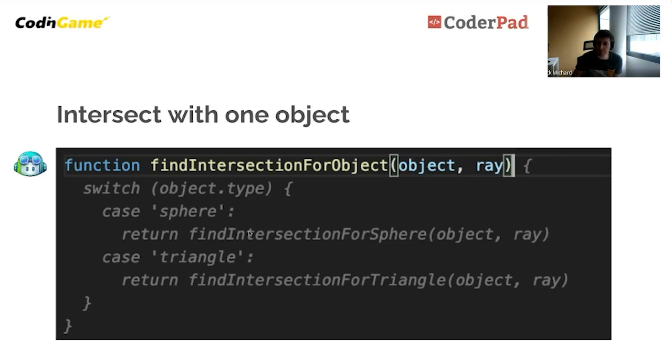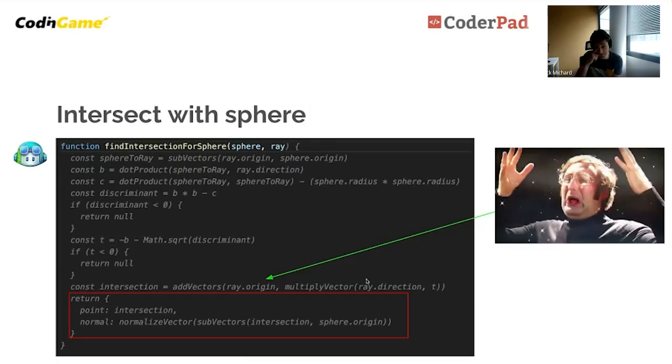Going further, defining intersection for sphere and triangle, again mind-blowing, just typing the function name. You can see this is kind of math heavy, there is a lot going on here, but basically it is all right. I have an intersection between a ray and a sphere, and it returns the point of the intersection and the normal, which is the vector at the point of the intersection.